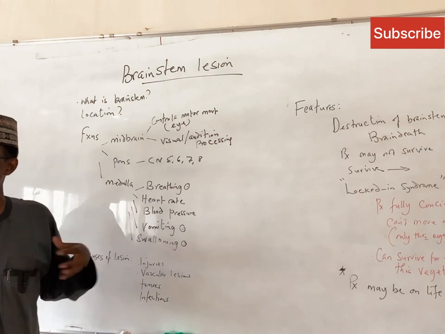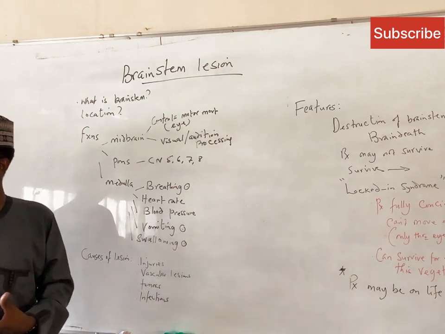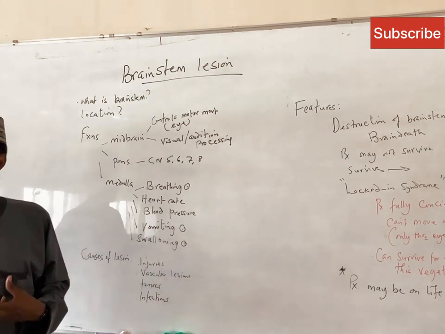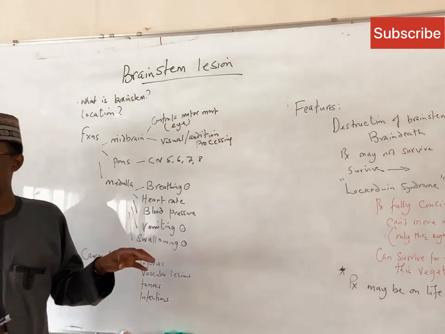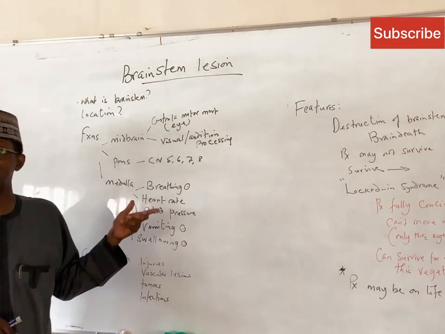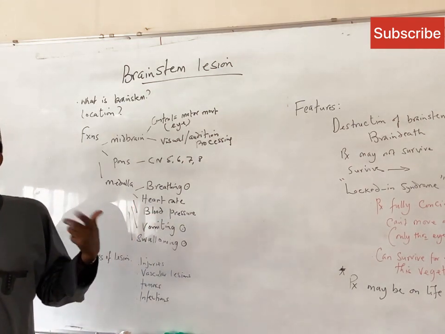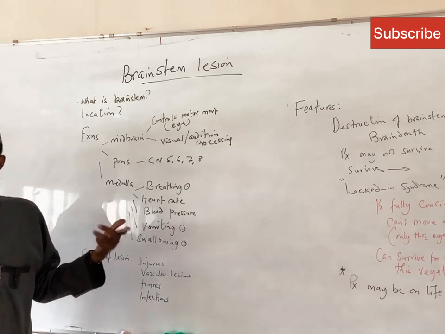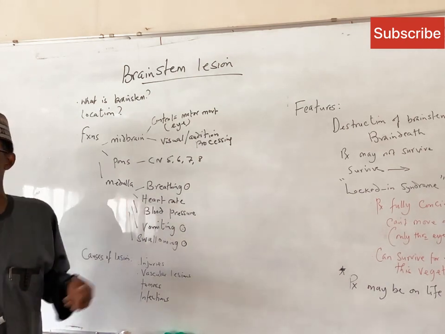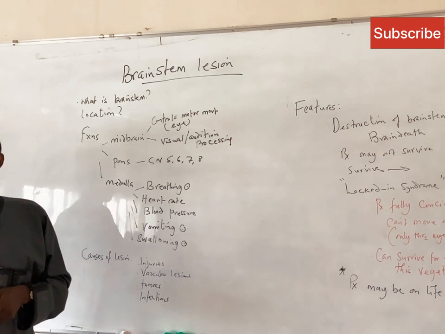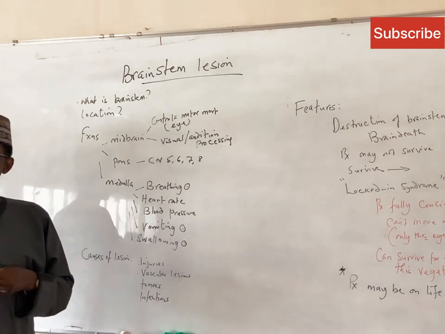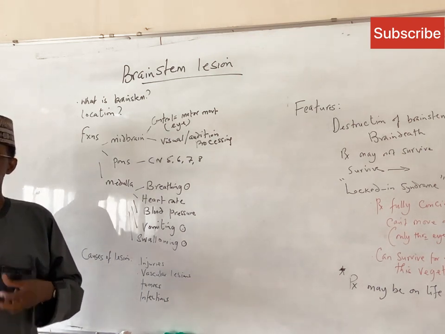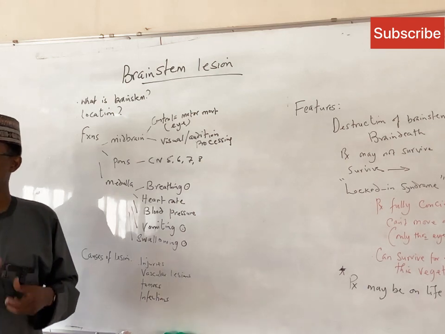The same thing with the heart rate. Our heart beats about 70 to 100 beats per minute. And so the cardiac center, or the heart rate, is being regulated by the medulla oblongata. So our heart contractions, the heart beating, is being regulated by the medulla oblongata.